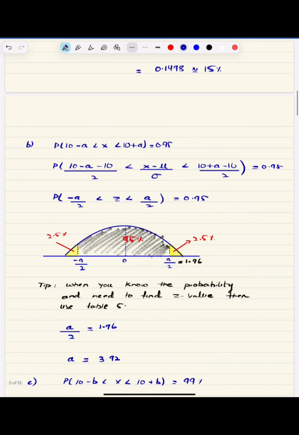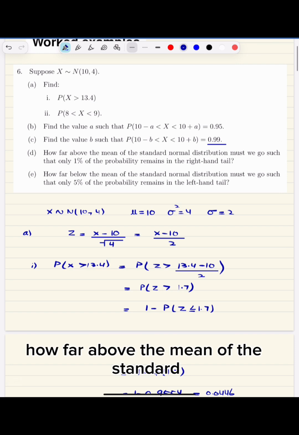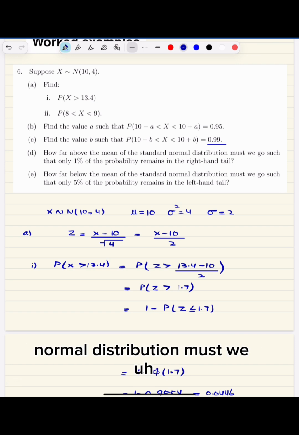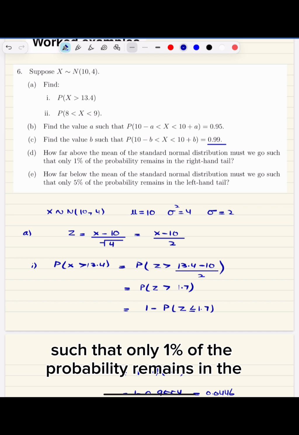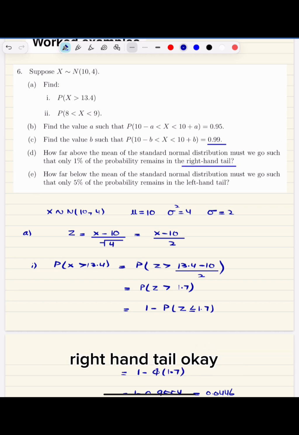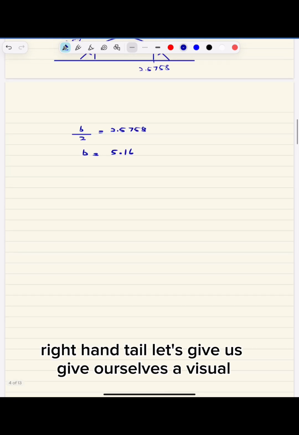Okay. Part D. How far above the mean of the standard normal distribution must we go such that only 1% of the probability remains in the right hand tail? Okay. Right hand tail. Let's give ourselves a visual.